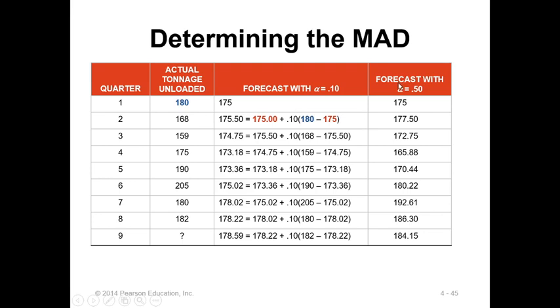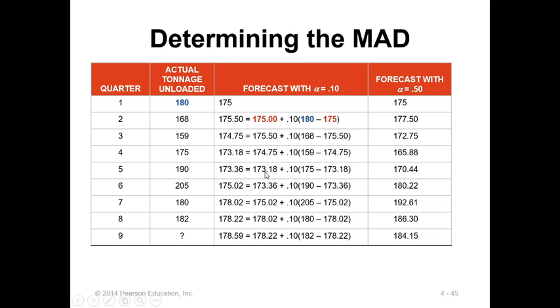And we will also take the forecast with alpha equal to 0.50. In this example, one time we use alpha as 0.10 and one time as 50%, and at the end we will see where the forecasting error is less, when alpha is large or when alpha is small.